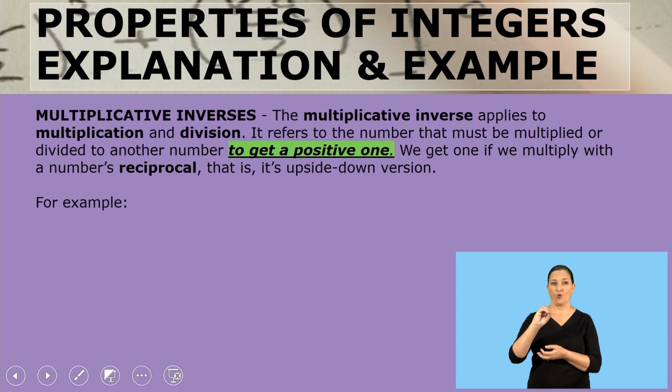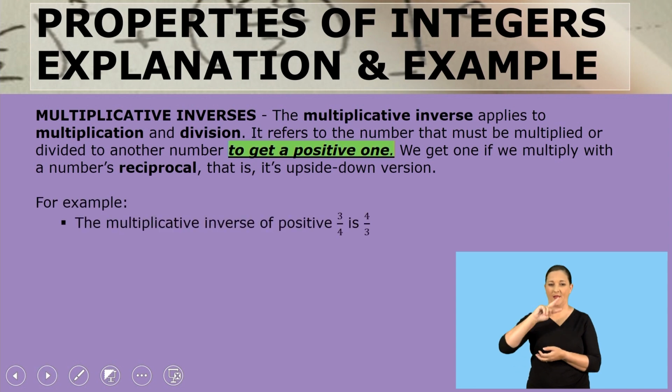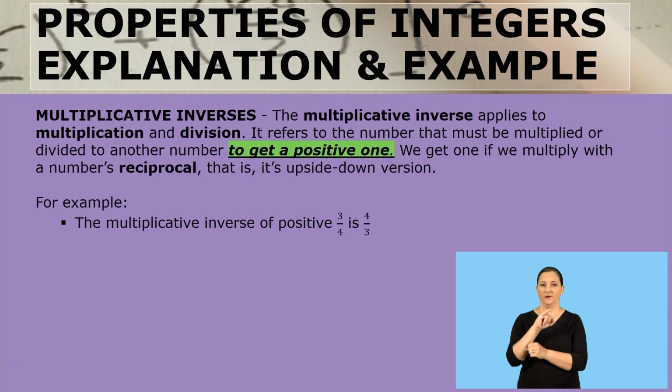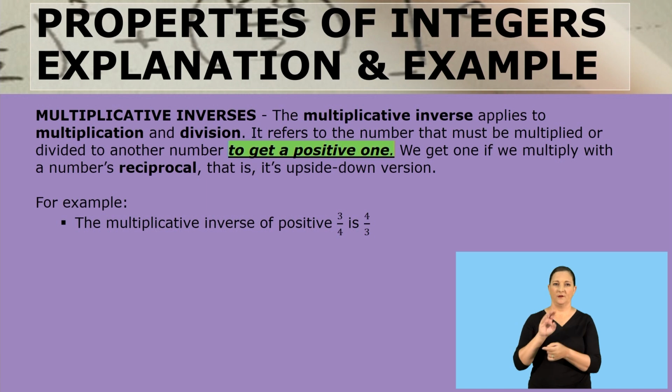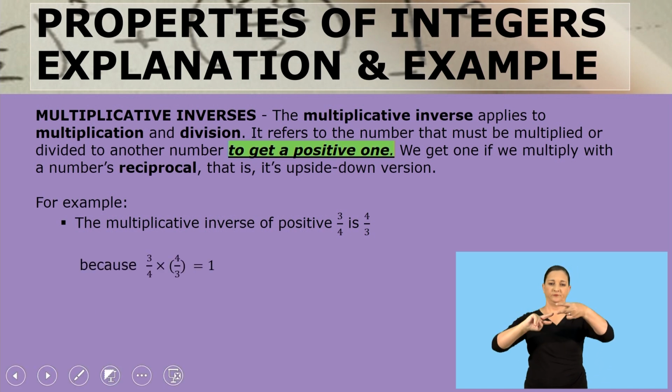Let's see some examples here. So the multiplicative inverse of a positive 3 divided by 4, or 3/4, is 4/3. So 3/4 and 4/3 are multiplicative inverses of each other. Why? It's because if we multiply them, then the answer is going to be 1.